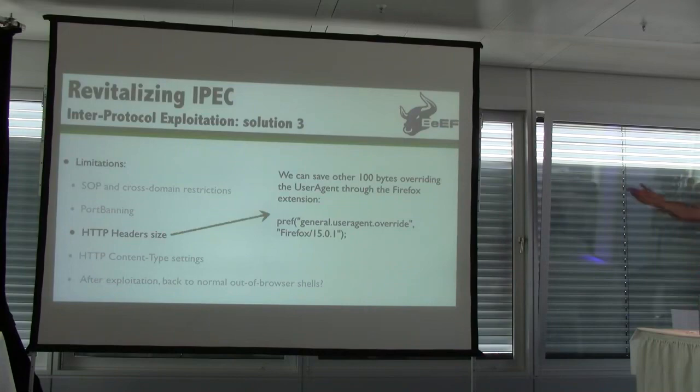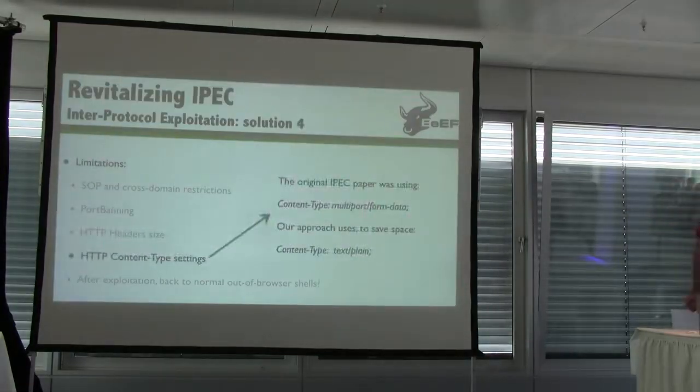Then obviously, if you inject the Firefox extension to disable port banning, you can also override the user agent and save even another 100 bytes. You can say now the user agent will be Firefox 15 instead of all that blob that is common in every user agent.